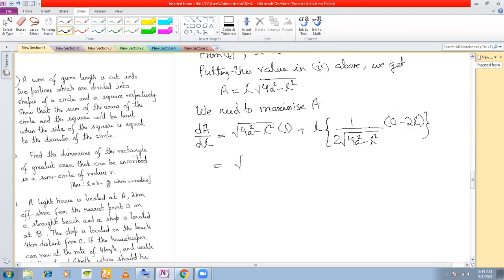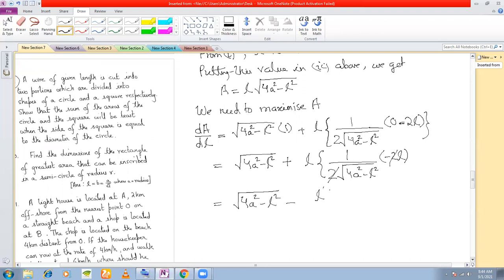So you get here root over of 4a square minus L square, and you get minus because there is a minus sign here. Okay, let's write it first in this manner only. Then we'll see what we can do with the minus sign. Into minus 2L. So you see this 2 and this 2 will cancel. So you get root over of 4a square minus L square minus L square by root 4a square minus L square.